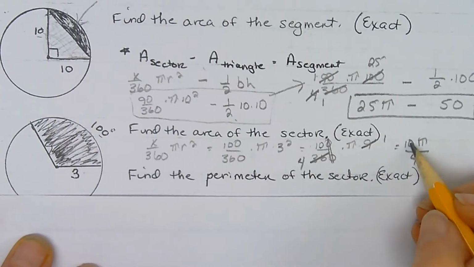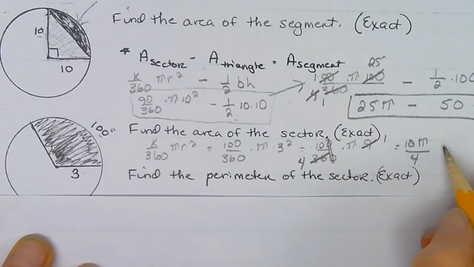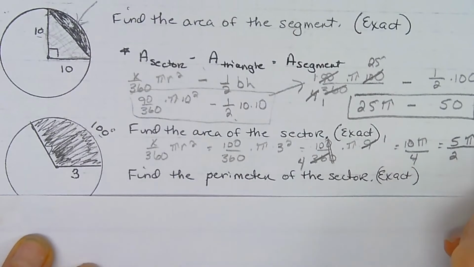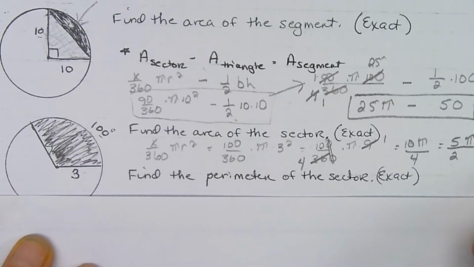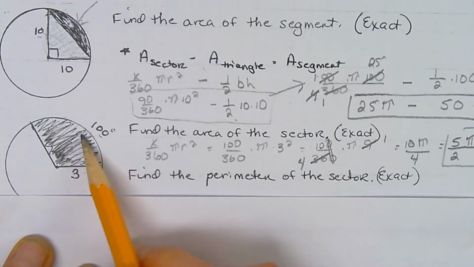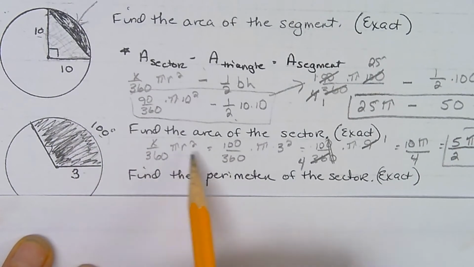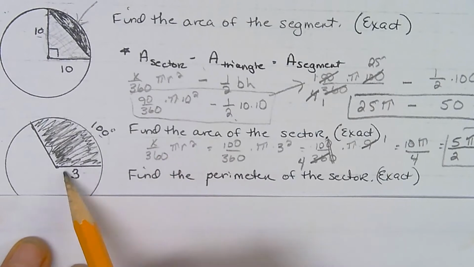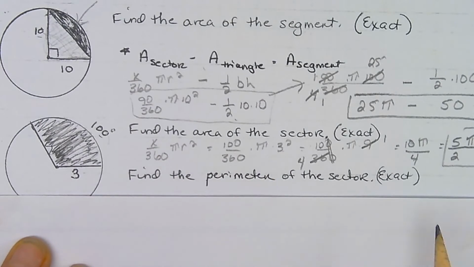And I can simplify that a little bit further, this 10 and this 4, by dividing by 2. And so I get 5 pi over 2, or 5/2 pi. And that's the exact area of the sector. Just plugging in 100 for the arc measure and plugging in 3 for the radius.